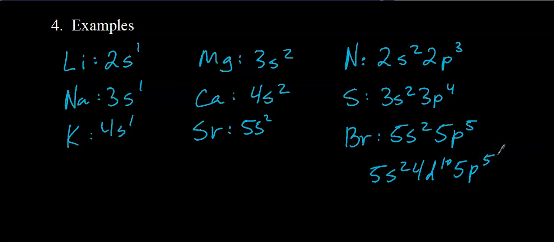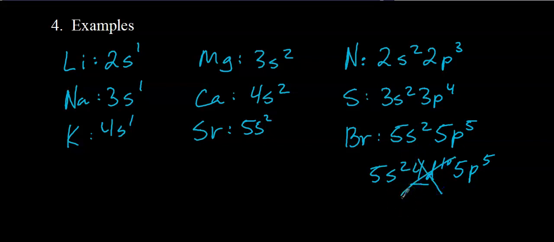Remember, the valence electrons are the ones in the highest energy level, so we're looking for the biggest coefficient in the electron configuration. How about those 10d electrons? Are they in the valence shell? Are they in the highest energy level? No, they're in the fourth energy level. That's what that number means. So those electrons are not valence electrons.